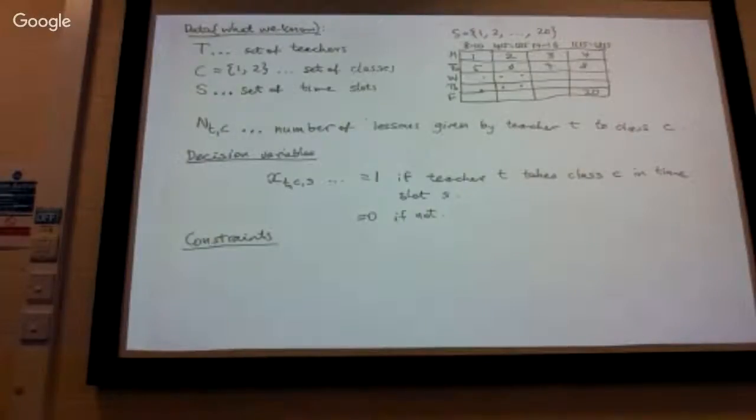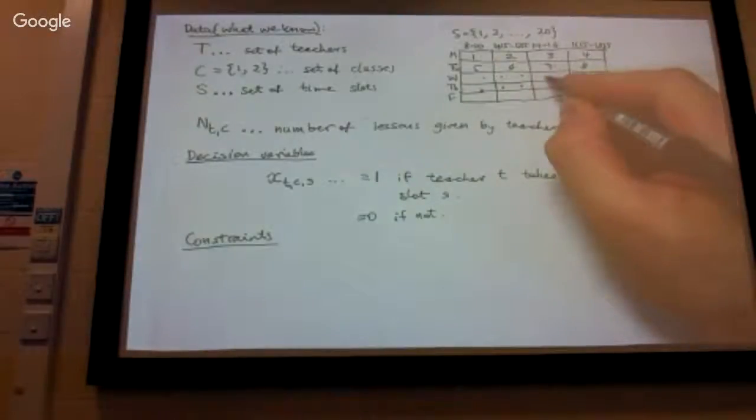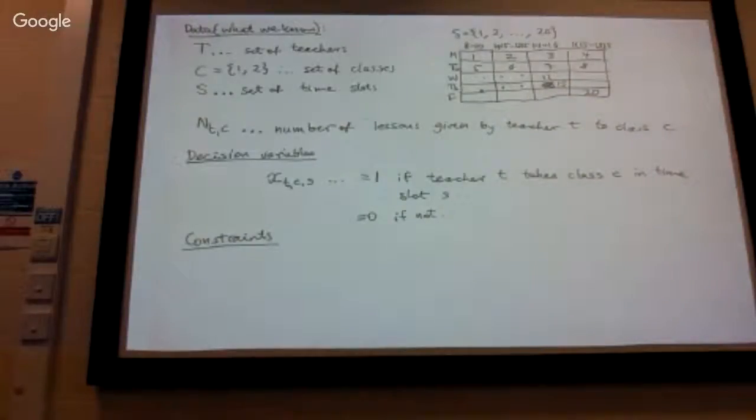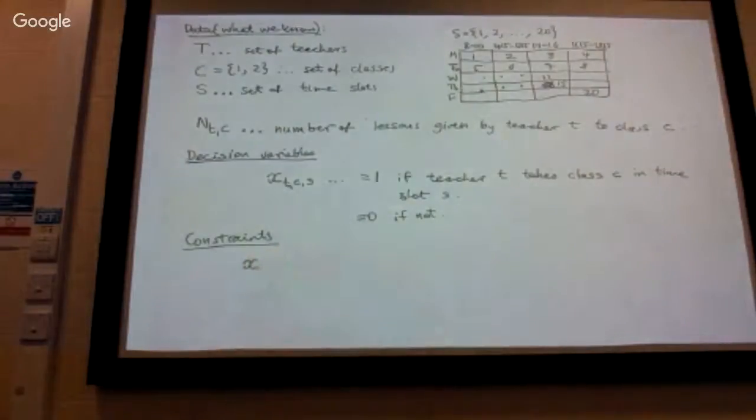So the sport lessons have to be on Thursday from 2 to 4. And I think that is, so this is 11, this is 16. No, this is 15. So that's in time slot 15. So X, which teacher is it?